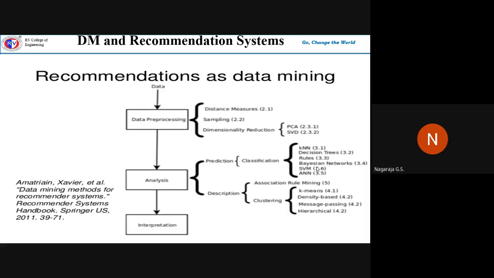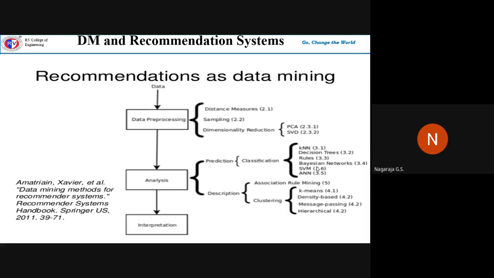Data processing includes, as you have already studied, data cleaning, data integration, then data reduction and transformations. All these are used in data processing. Also, if there are any specific standards related to a particular recommendation, then you need to use them accordingly.